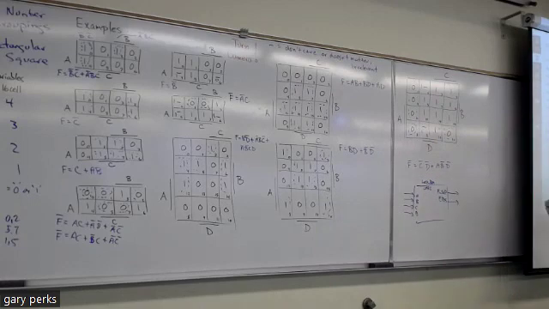Then we want you to write out the K-map and come up with reduced SOP and reduced POS. To get reduced SOP, you're going to circle the ones. To get reduced POS, you're going to circle the zeros, which is going to give you SOP for F not.